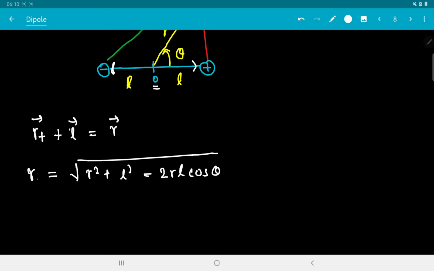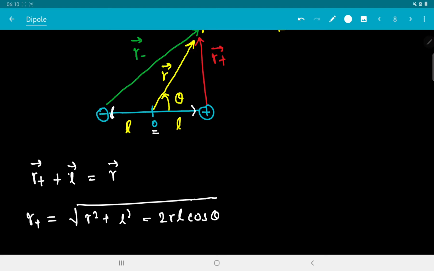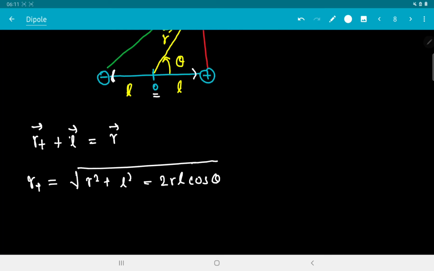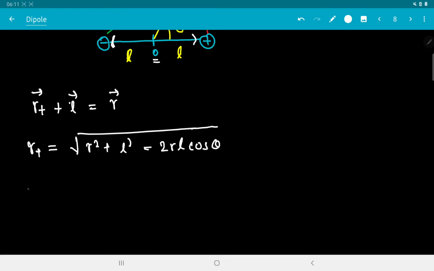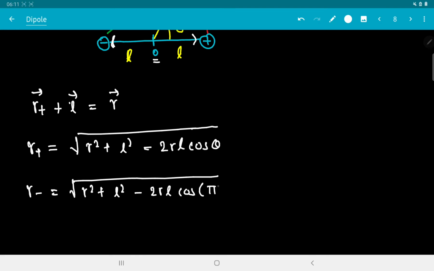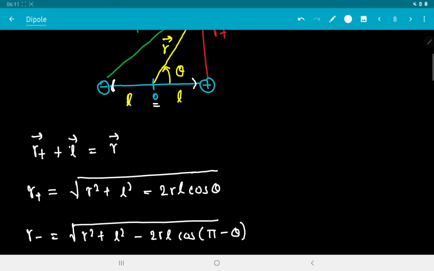Now the same thing we will apply for this negative r. For r negative, what we will get is r square plus l square, and 2rl cos of pi minus theta, because now this angle here will be pi minus theta.